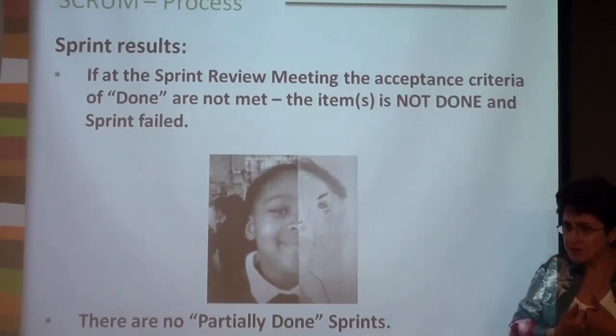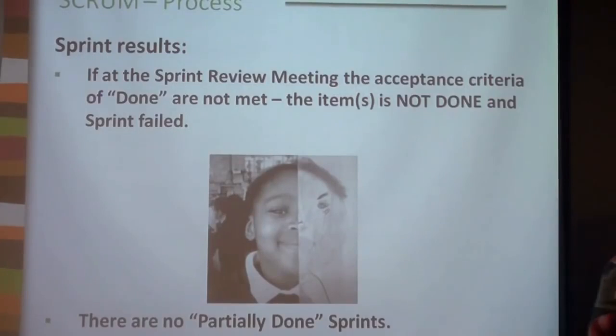If your sprint succeeded, you can go out and celebrate, right? If your sprint failed, what should you do? What can you do? First of all, you hold the sprint review retrospective analysis meeting. So you analyze what went wrong.